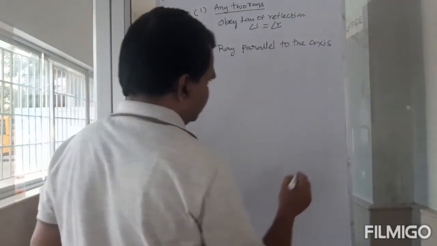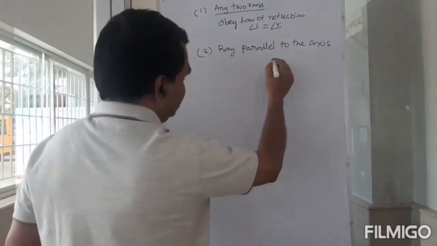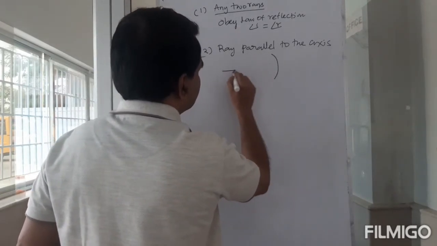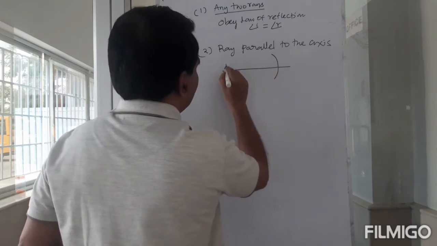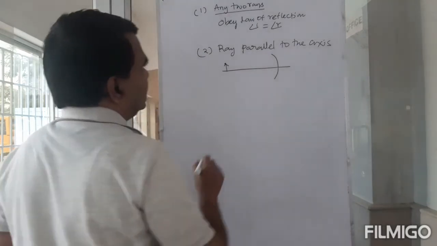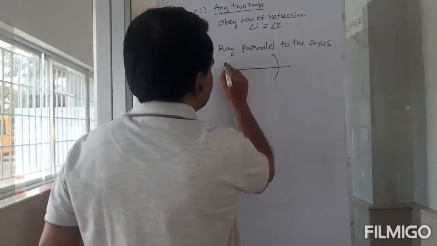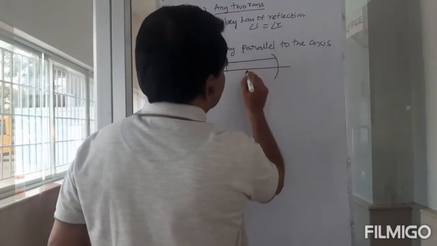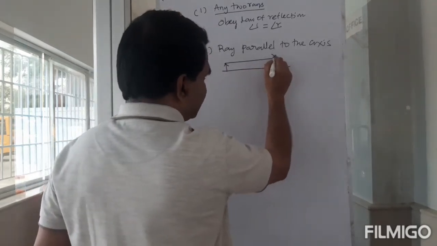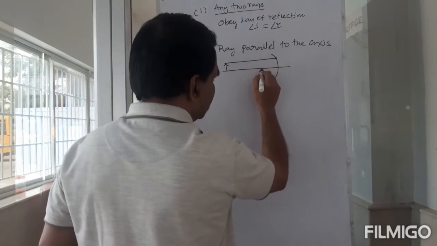I'm going to draw the picture here. If I have a mirror like this, and this is the object, and I take this point, then this ray is going to be parallel to the axis. After reflection, this ray will go through the focal point.